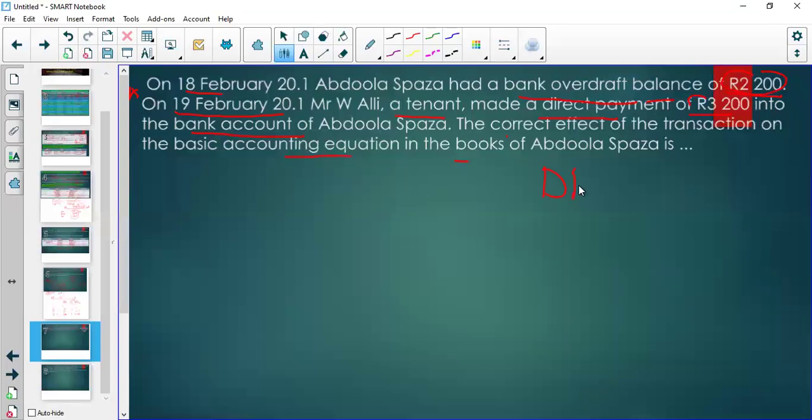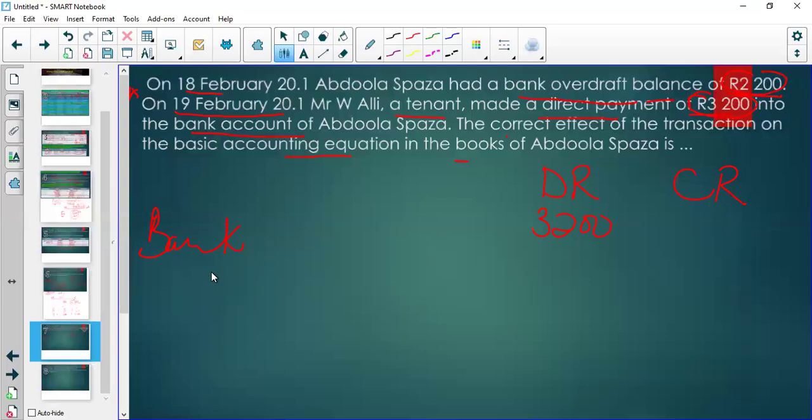To enrich this, we receive money. So it means our bank account has increased. Our bank account is cash, is an asset, right? So you have to debit an asset when it increases. So the bank, which is an asset, has increased by 3,200. There's no question about that.